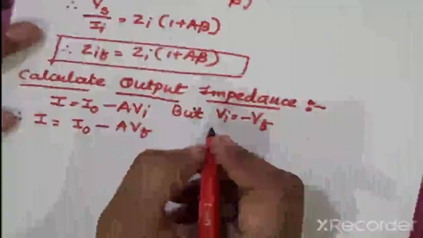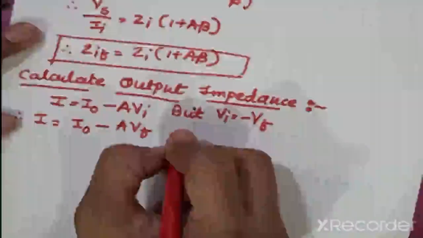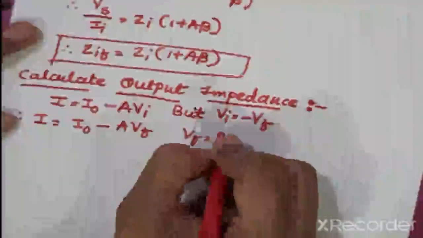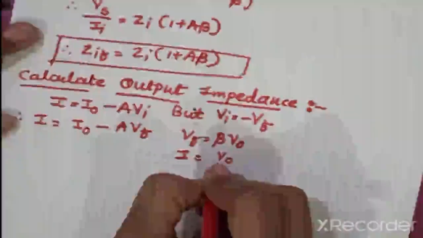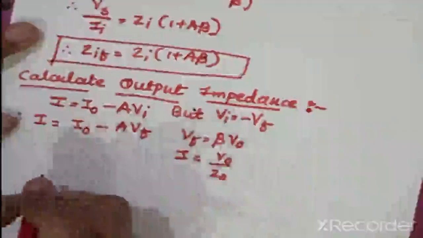Here we have Vf equal to beta Vo and I equal to Vo by Zo.